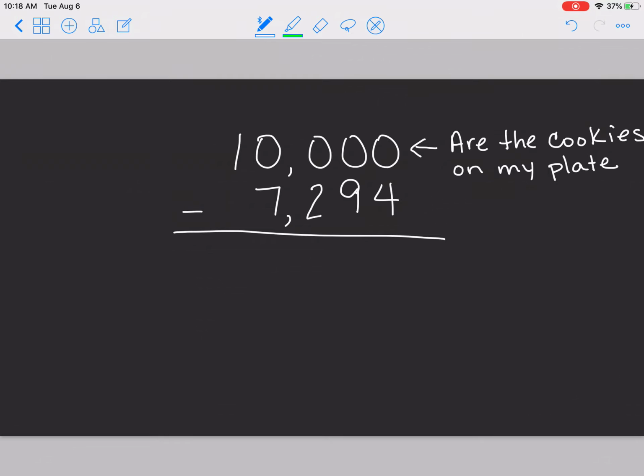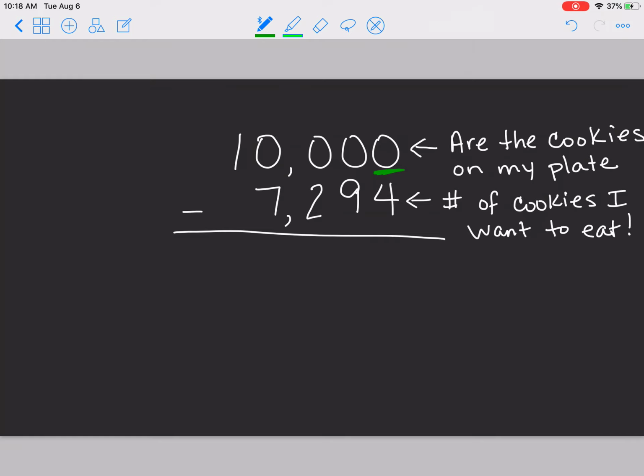And the bottom number of my subtraction equation, this is how many cookies I want to eat. So as we're going through and we're subtracting, we're always looking at this top number here.